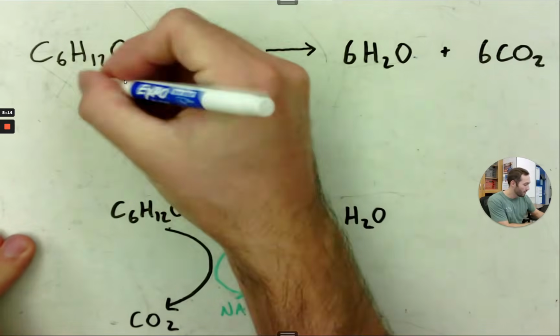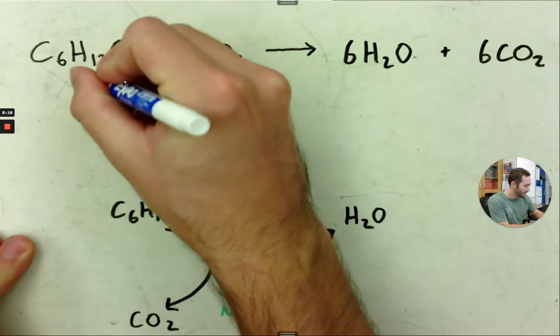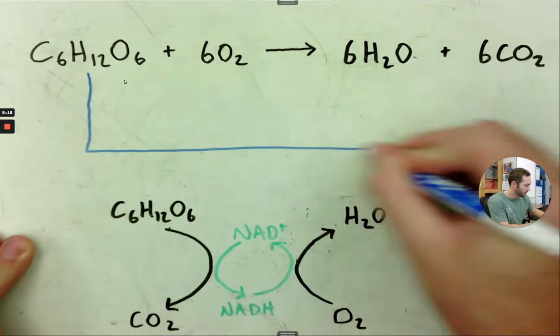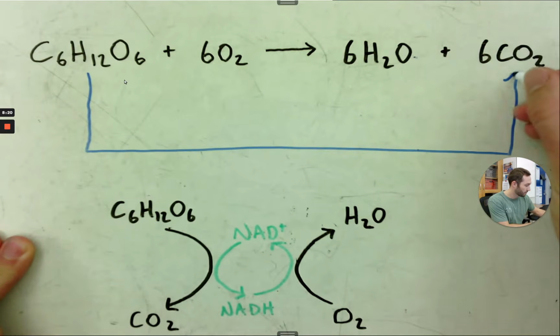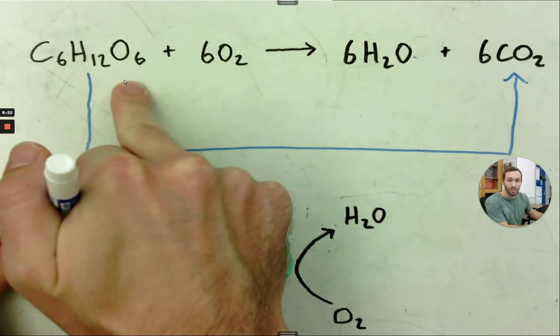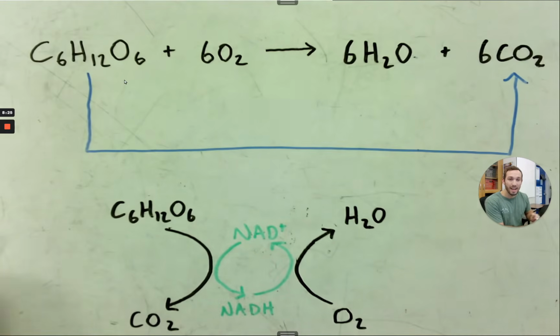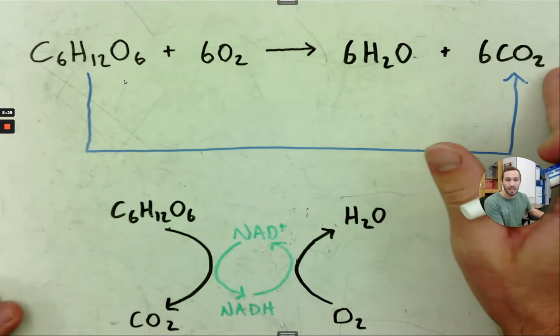And so here, I'm going to show it like this. Electrons are going to be stolen from glucose. And as those electrons are stolen from glucose, he's going to become CO2. That's what's going to happen here.